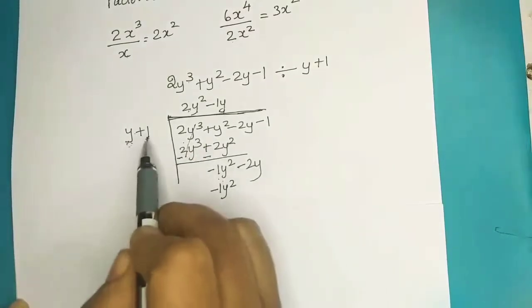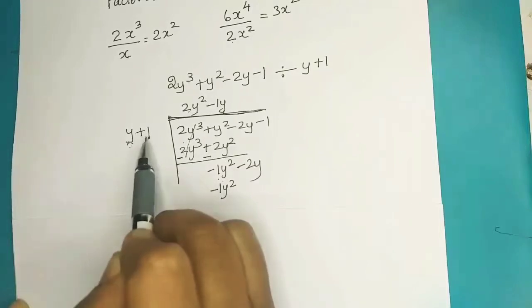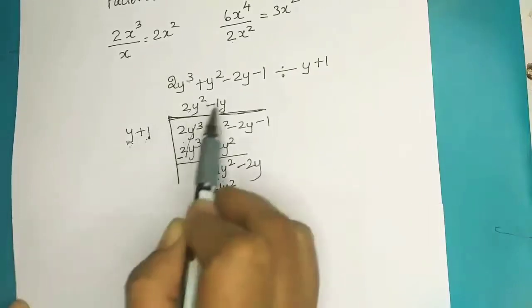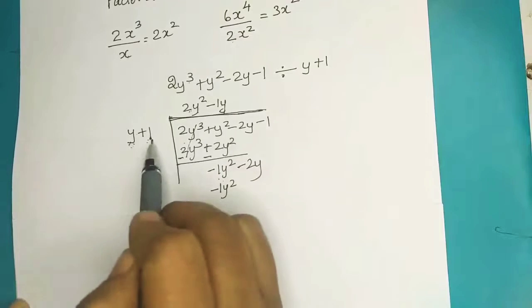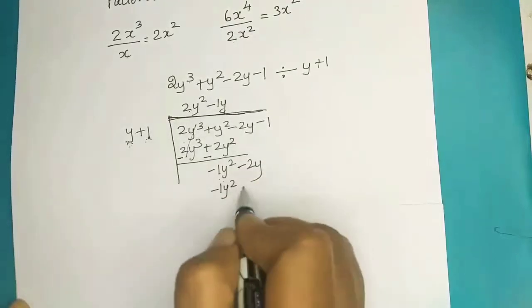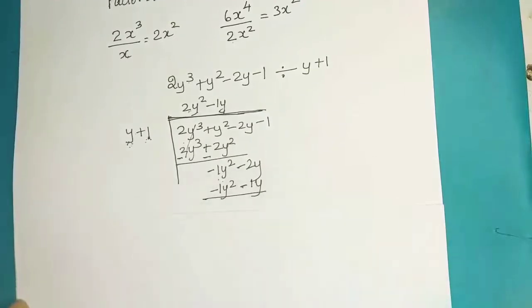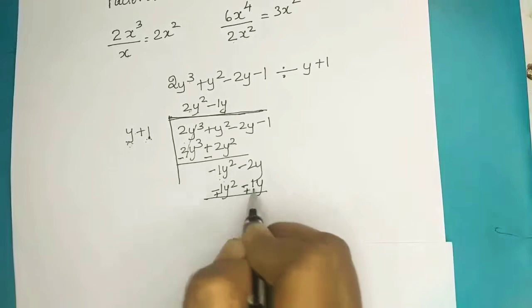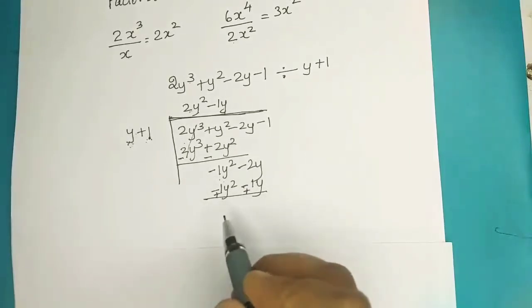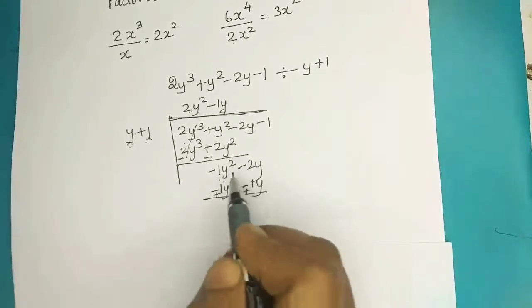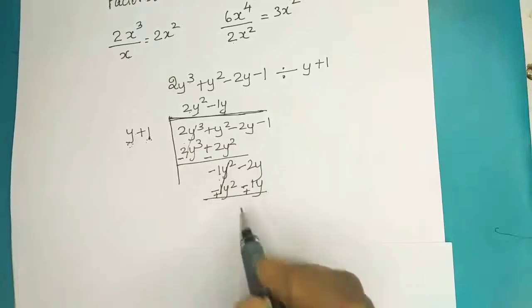Then you have to multiply the second term of the divisor with the same quotient. So positive 1 into negative 1y is negative 1y. And you are going to change the sign here. Negative becomes positive and positive becomes negative when you subtract, isn't it? So these two get cancelled.